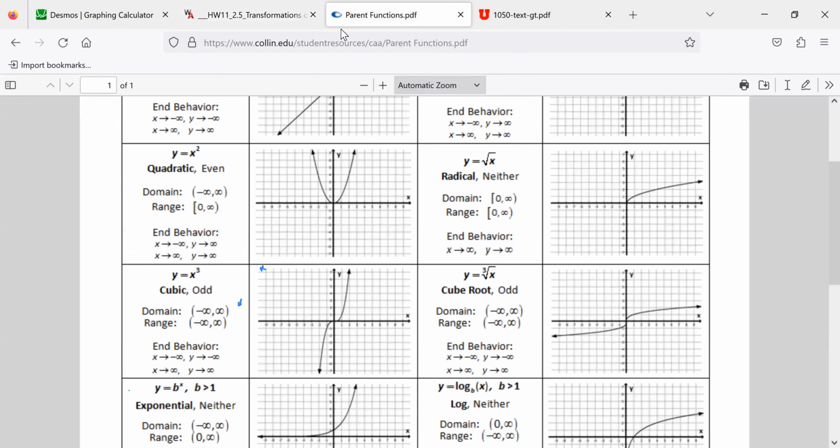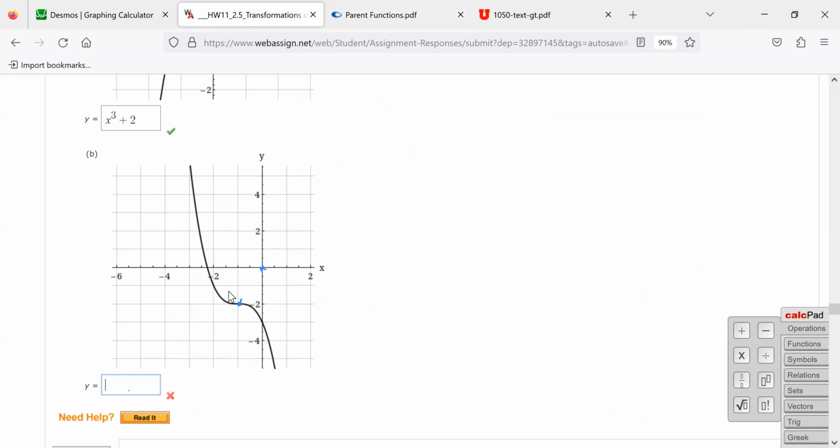Honestly, though, whether you reflect it on the y or x, doesn't it look the same? Right? If I flip this on the y and flip it on the x, it looks exactly the same either way. So we can think of it as x reflection or y reflection.